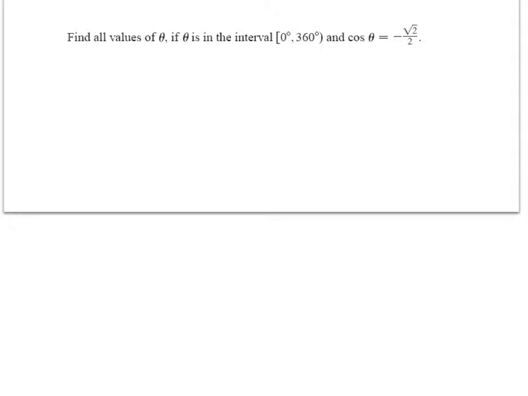Well, the first thing I'm going to do is think about my diagram, A smart trig class. And where is cosine negative? Very good. Quadrant 2 and quadrant 3 are the only places that it is negative. So that tells me we are looking in 2 quadrants.